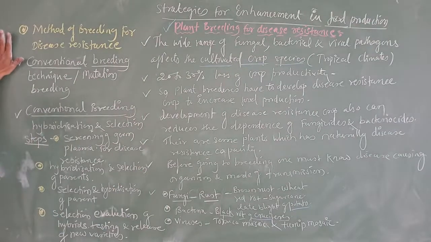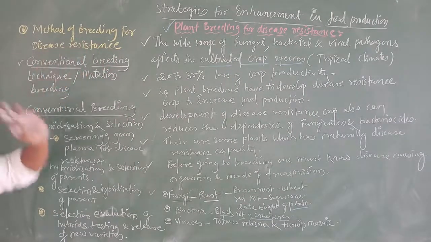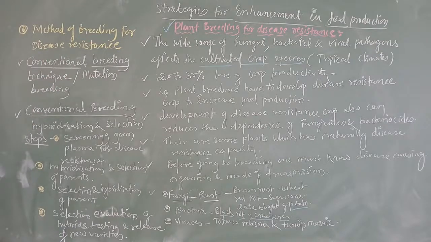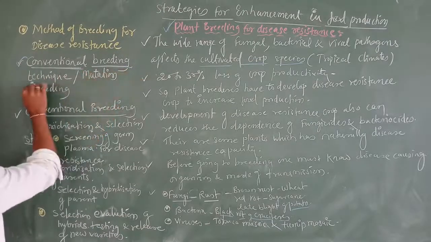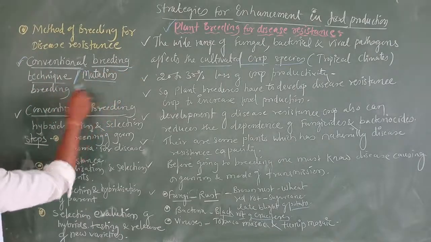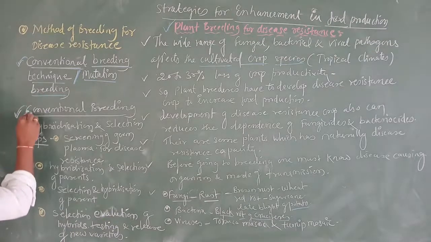Here I have written methods of breeding for disease resistance. What are the methods we are going to use? One is the conventional breeding technique, or the mutation breeding technique. In these two, we are going to start.